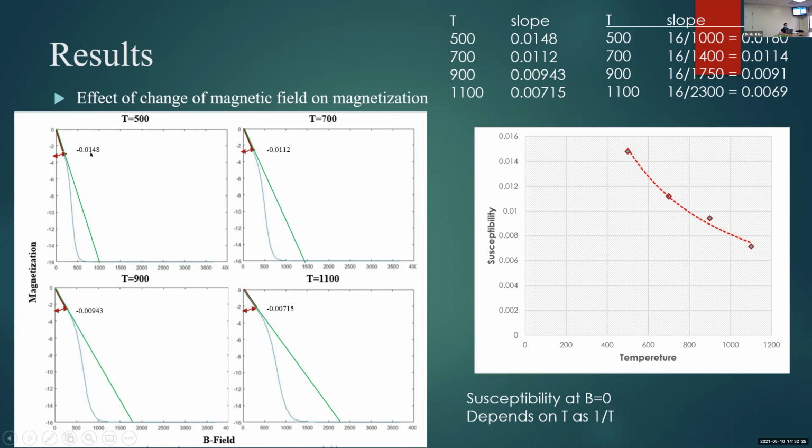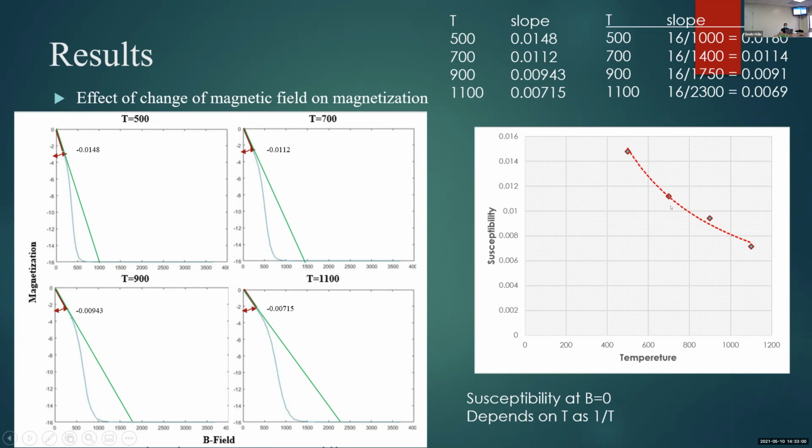The slope of the magnetization with respect to magnetic field is susceptibility. Then I plotted the susceptibility with respect to temperature. These 4 points are my data. The curve is the fit function for all of these 4 points.